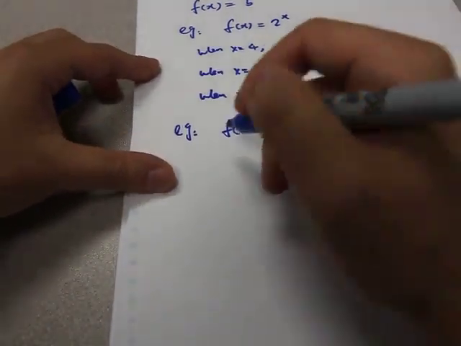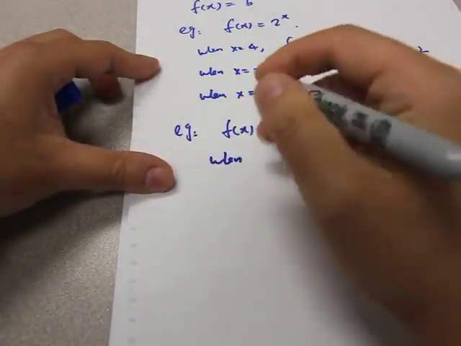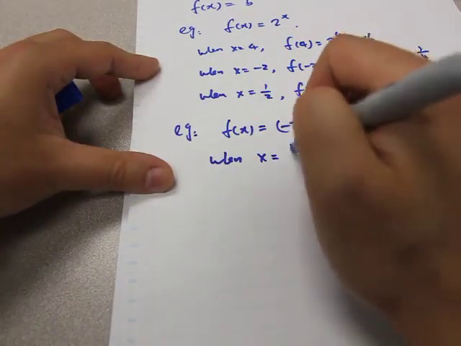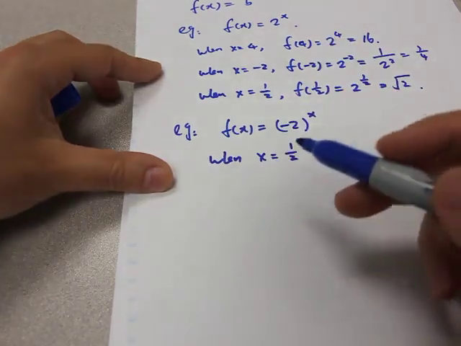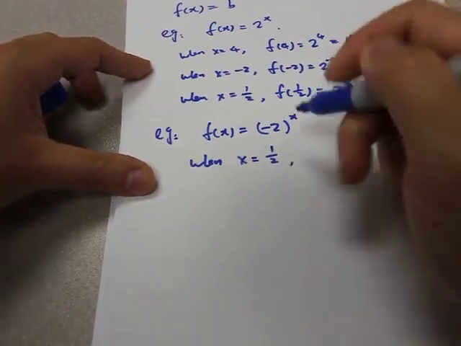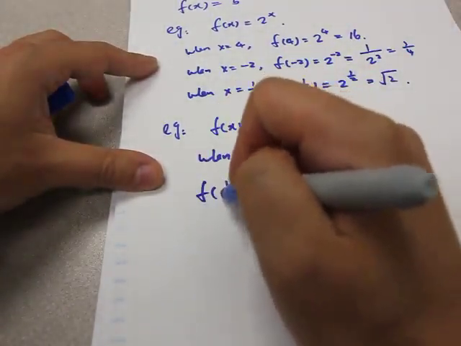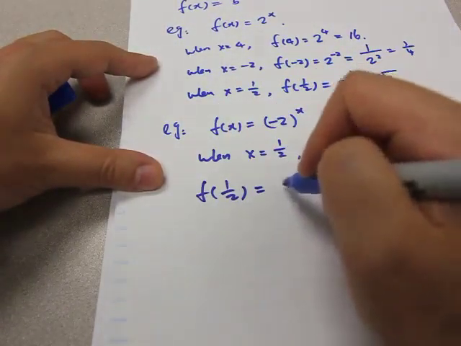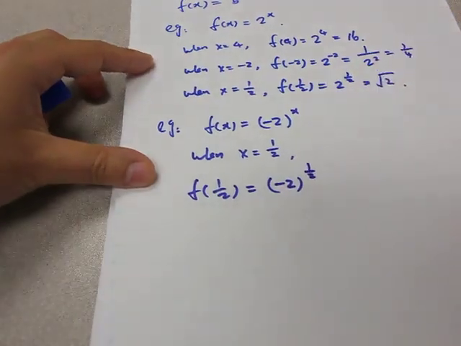The trouble is if we are asked to find, for example, the function value when x equals 1/2. This means you are going to evaluate negative 2 to the power of 1/2.